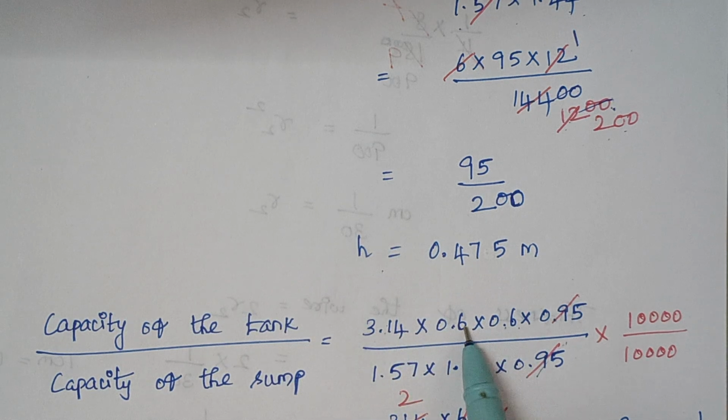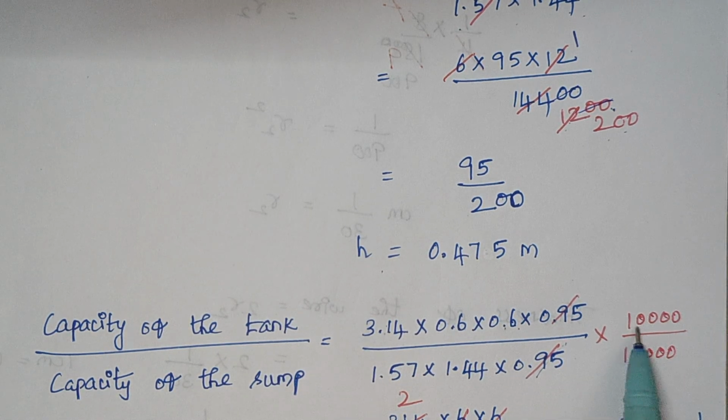So 1, 2, 3 and 4, therefore I am multiplying by 10,000, 4 zeros. Similarly, once you are done with the numerator, you have to multiply and divide by the same number. Don't multiply by 10,000 here and divide by simply 1,000, it's an error.